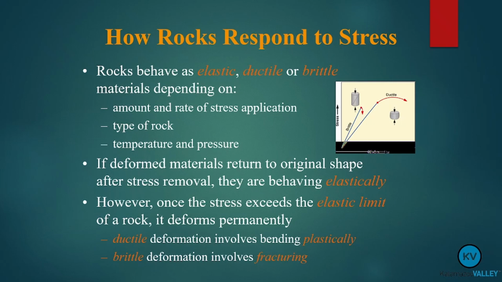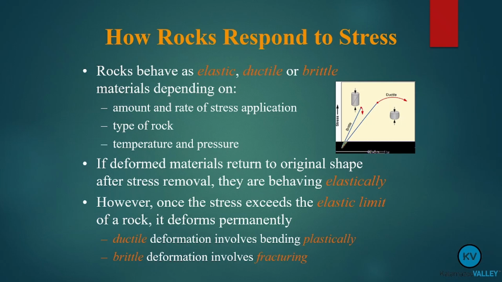What happens when you're trying to break that branch for your fire and you've got it propped up on your knee and you're pushing down as hard as you can on either side and you're pushing harder and harder, you are applying an increasing stress to that branch. And with increasing applied force, you're growing closer and closer to the stress capacity of that branch. When you finally hit that stress capacity, the branch will break because it simply cannot withstand any more stress.